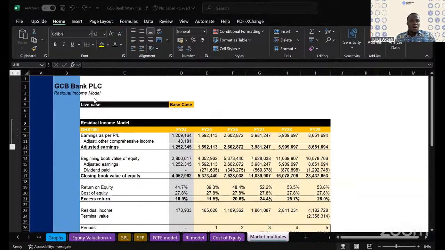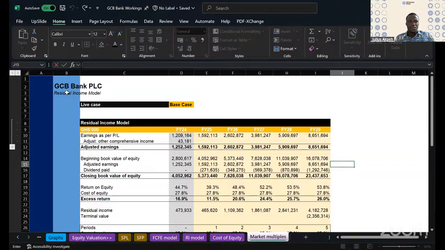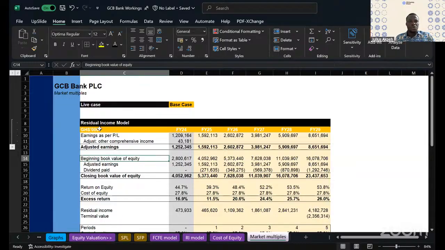Okay. All right. So market multiples. Let's set this up. I'm going to do things a bit differently with the market multiples.